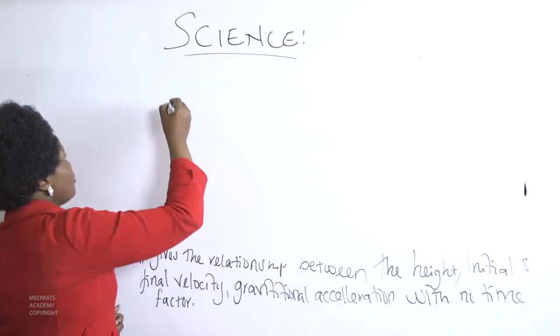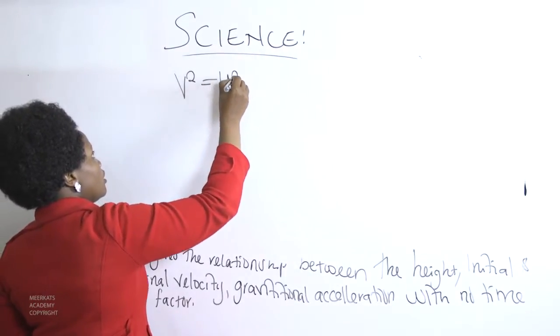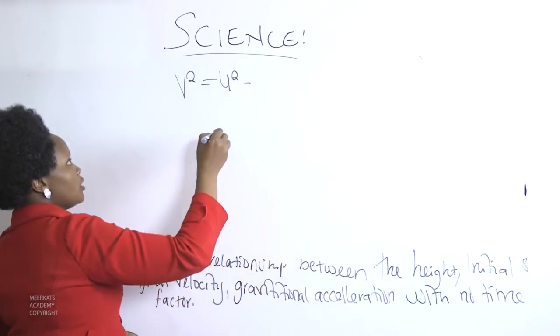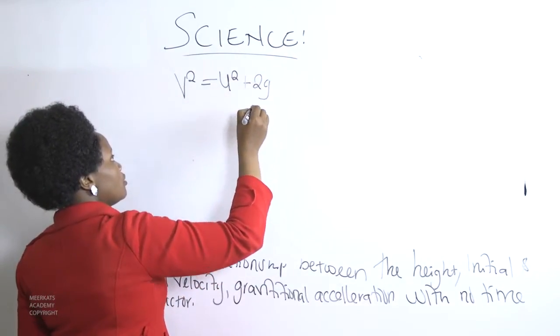Our third equation now will become v squared is equal to u squared plus 2gh.